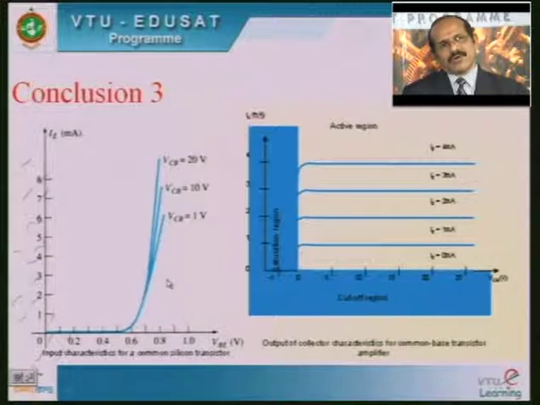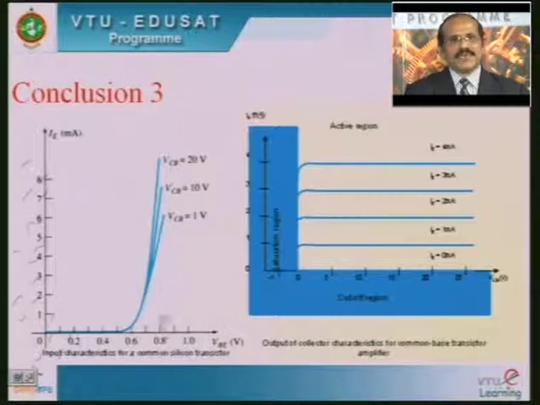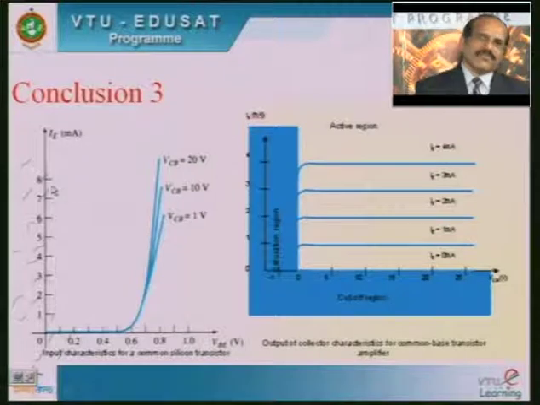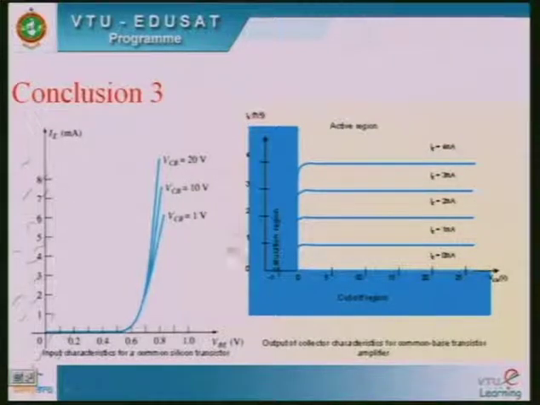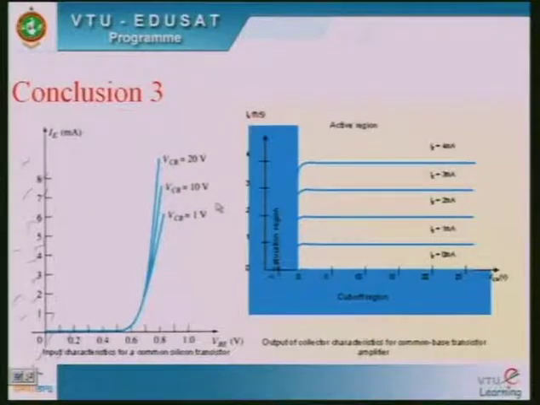Another conclusion is that for a fixed value of VBE, whenever VCB increases, IE also increases. This is because when VCB increases, the width of the depletion layer across the collector junction increases and penetrates more into the base region, so more majority carriers can be swept into the collector, thereby increasing the IE current.